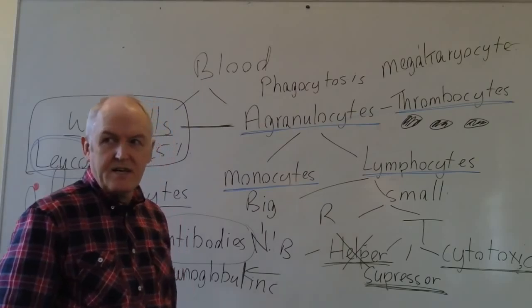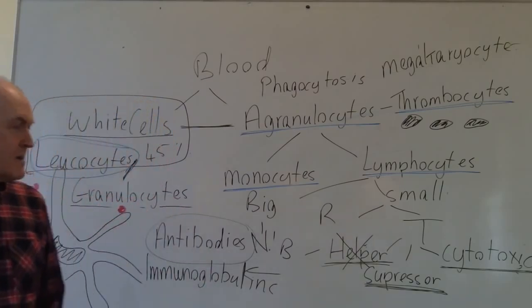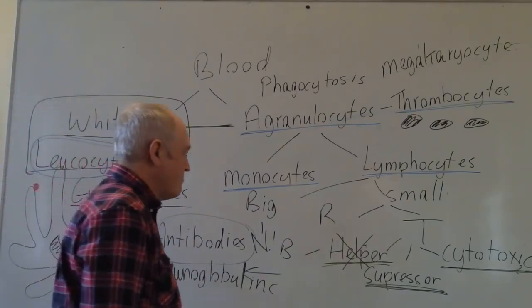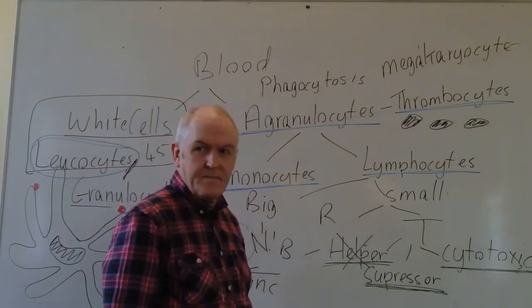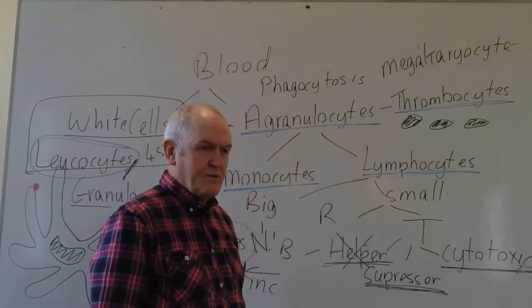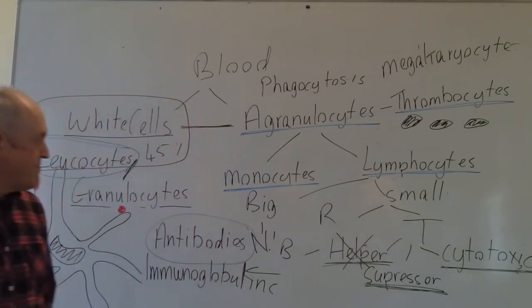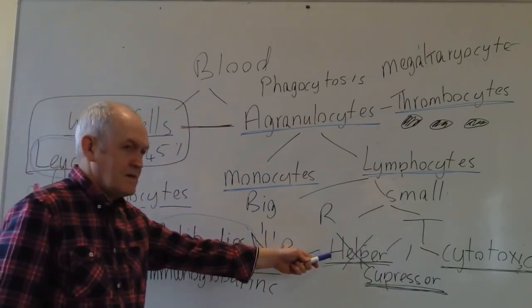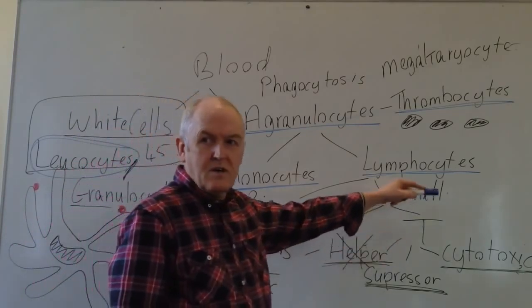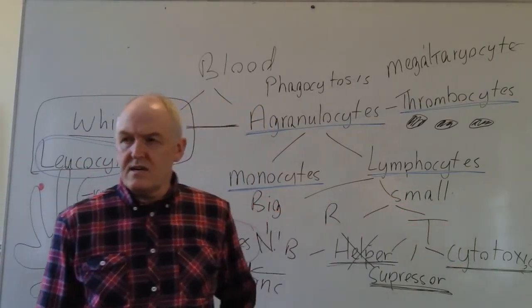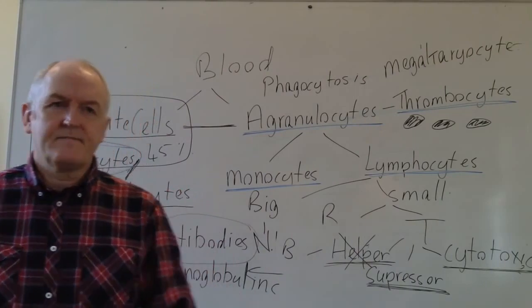The big lymphocytes are the natural killer cells. The small lymphocytes can be B or T. The B mature in the bone and the T mature in the thymus gland. And the T lymphocytes can be helper cells, suppressor cells, or cytotoxic T lymphocytes.